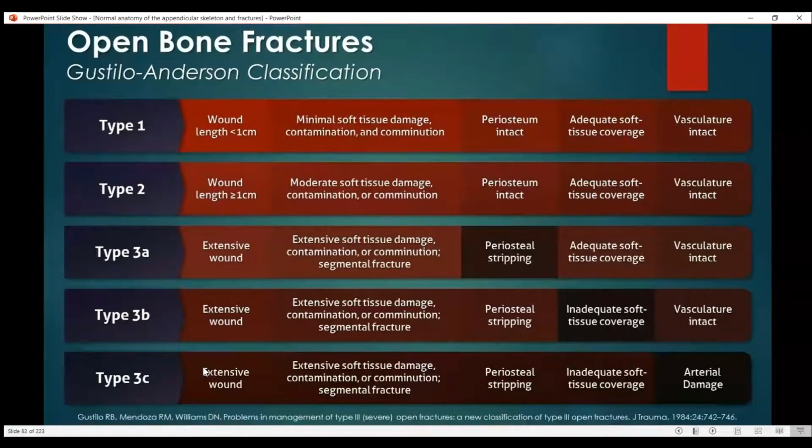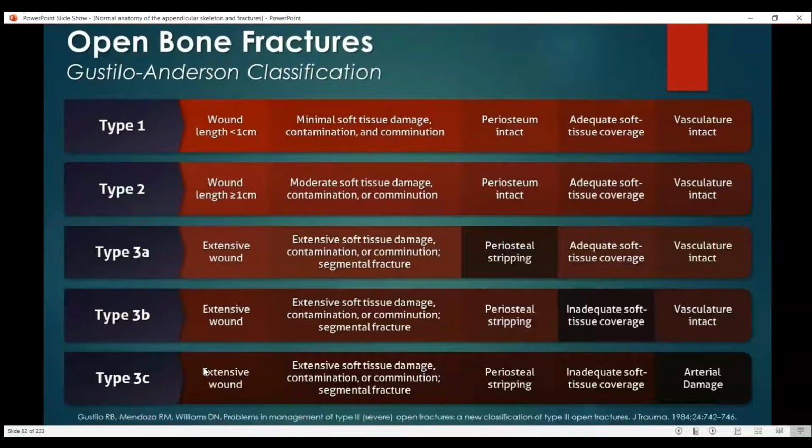What is the Gustilo-Anderson classification? It is made to assess the severity of complications associated with open bone fractures. As simple as that.